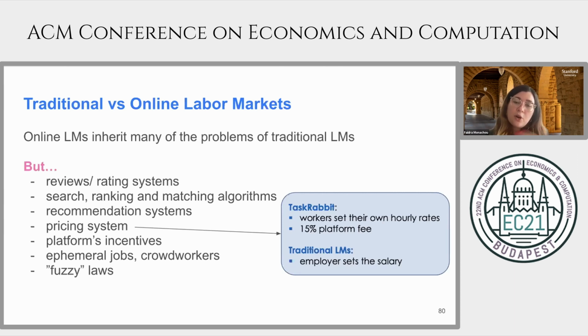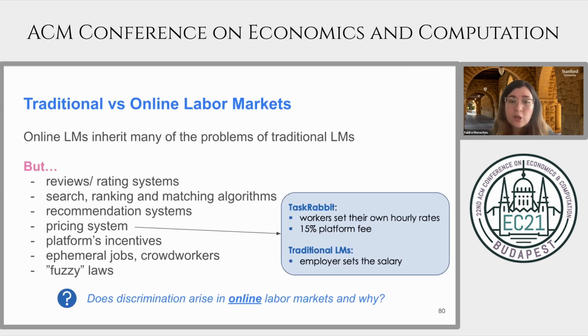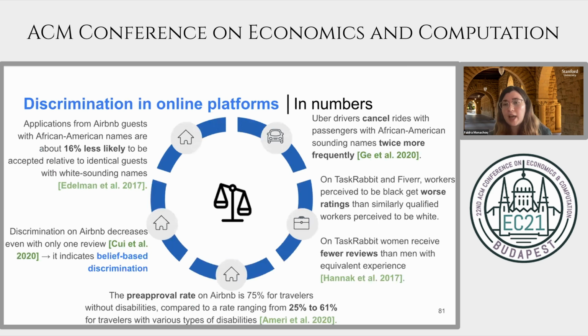And since we don't know as much about it as the traditional labor markets, we can start with the most basic question. So, does discrimination really arise in online labor markets? And if so, why? We don't have a good answer to that. But here is some empirical evidence that helps us get a preliminary idea.